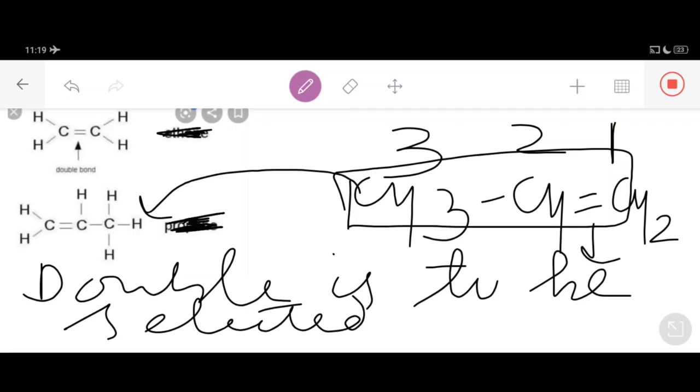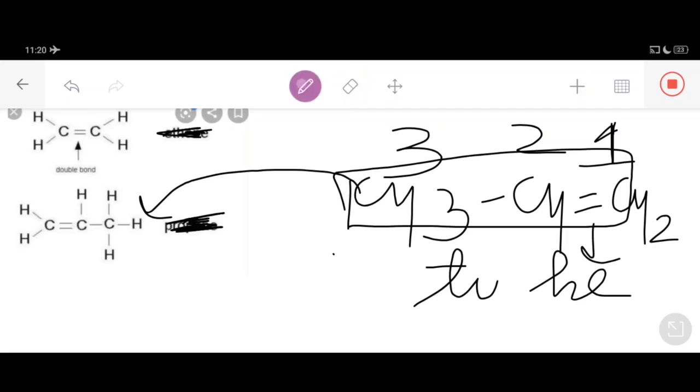So, firstly, the double bond is to be selected first. Then we number the longest carbon chain from that side where the double bond will get the lowest possible number. Look, lowest possible number 1. Now this compound contains 3 carbon atoms, and 3 carbon atoms are indicated by writing prop, dear students.